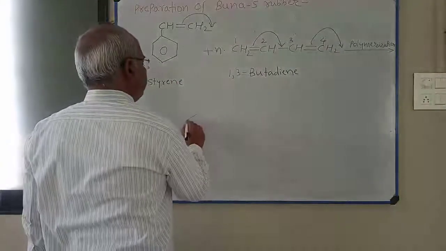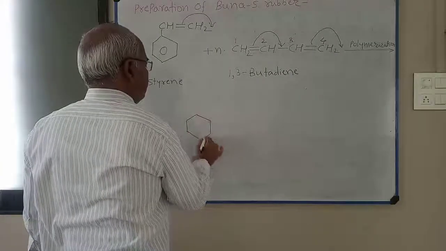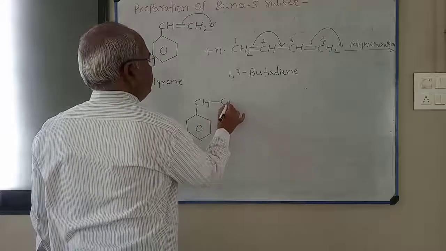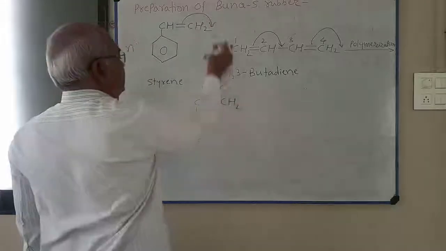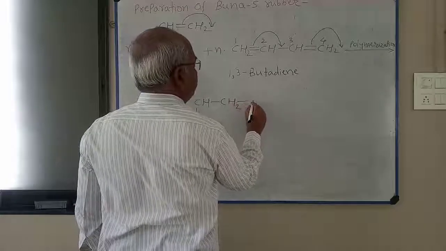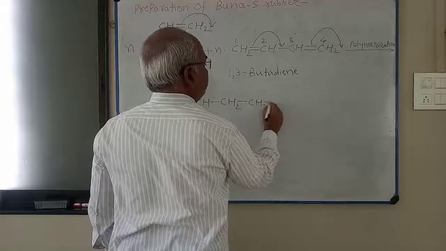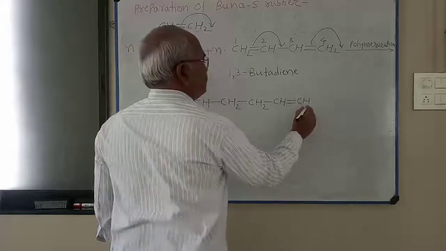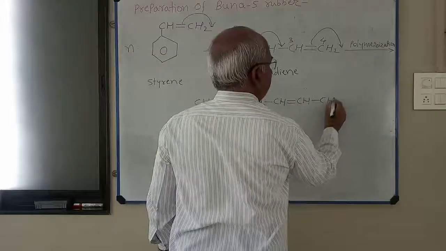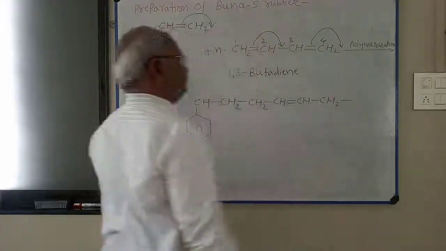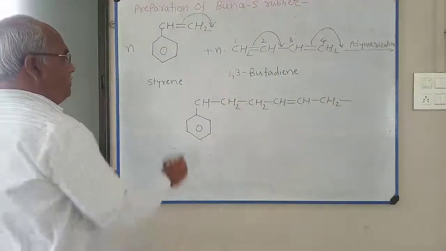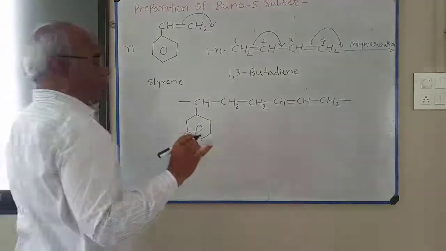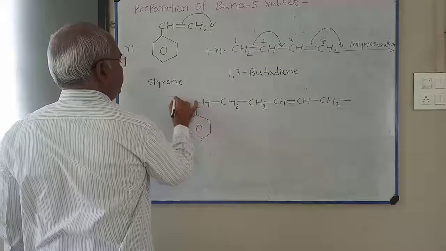So I represent here phenyl group CH, CH2, pi electrons are shifted here, CH2, single bond CH, double bond CH, single bond CH2. And here single bond. This is polymer.